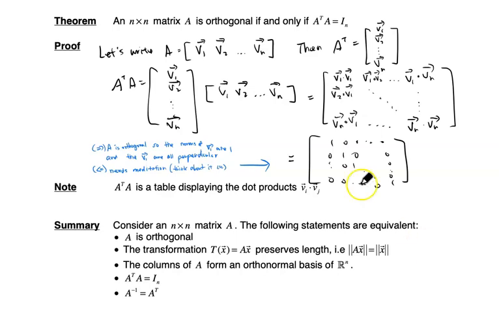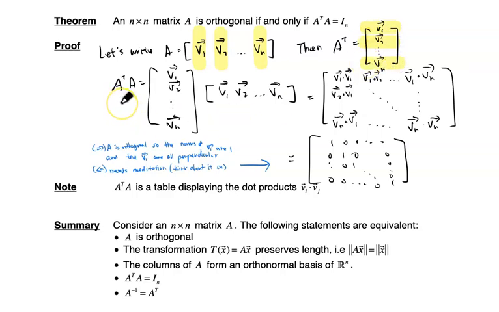How does that work? Well, if A is made of column vectors v1, v2, ..., vn, then the transpose of A, A^T, has the row vectors v1, v2, ..., vn.